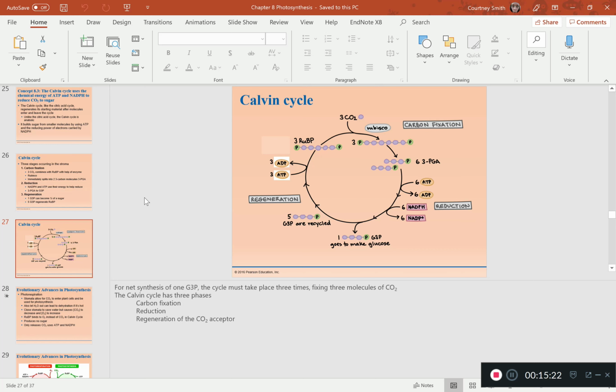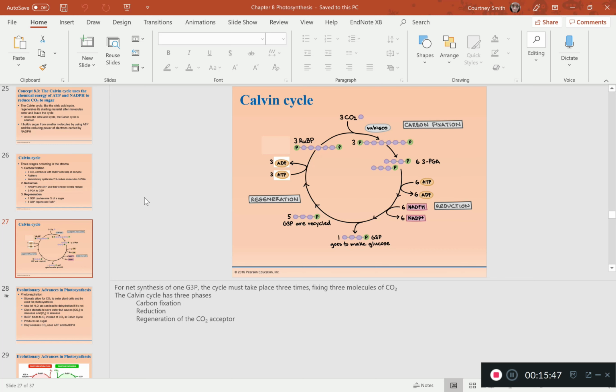And then after we have the 3-PGA molecule, reduction can occur. In the reduction step, ATP and NADPH are used in order to convert the 3-PGA molecule into a 3-carbon molecule, which is known as G3P.